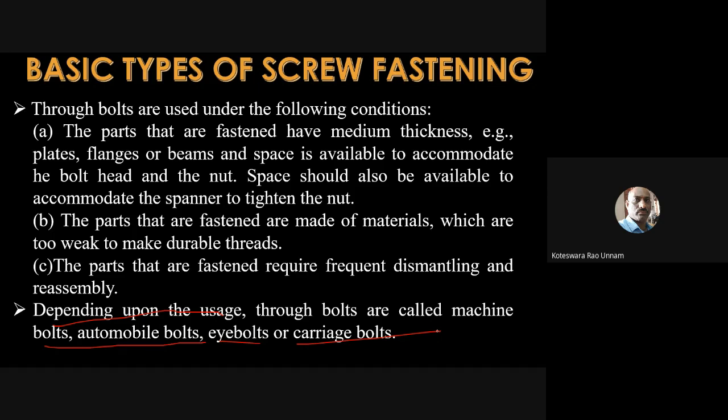So these are the names given based on the application of the through bolt. So you can see these are the conditions under which through bolts can be used.